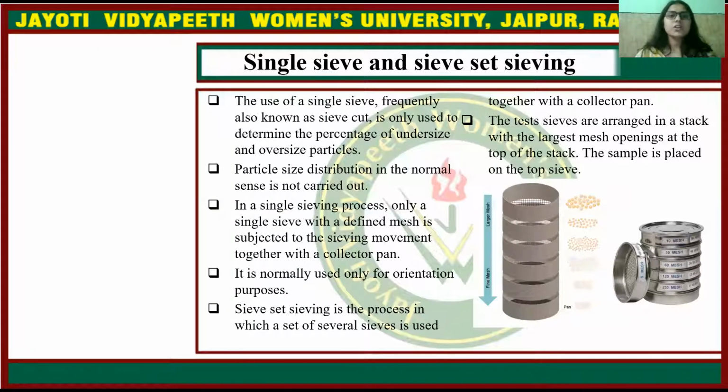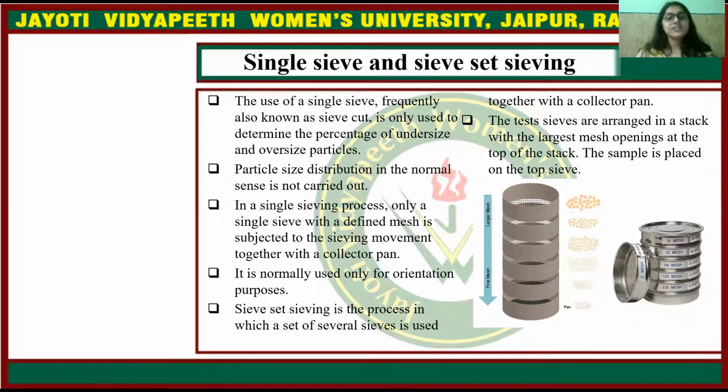The use of a single sieve, frequently also known as a sieve cut, is only used to determine the percentage of undersize and oversize particles. Particle size distribution in the normal sense is not carried out. In a single sieving process, only a single sieve with a defined mesh is subjected to the sieving movement together with a collector pan, and it is normally used for orientation purposes.